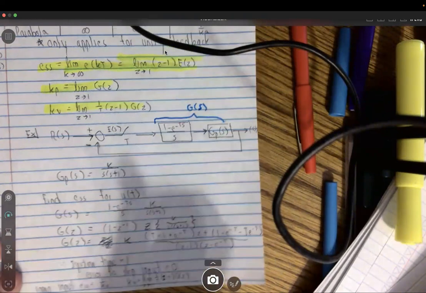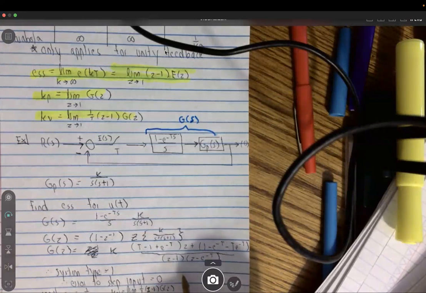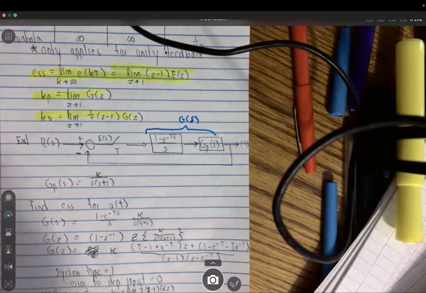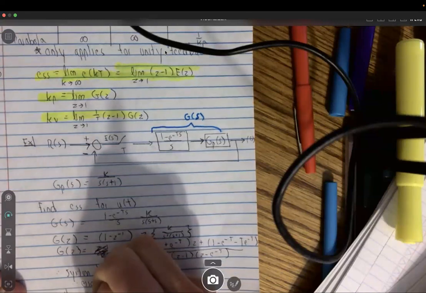If you multiply this entire thing by z minus 1, it will cancel with this, and then plugging in 1 and dividing by our sampling time T, if you do all the math, your steady state error is going to be 1 over k.